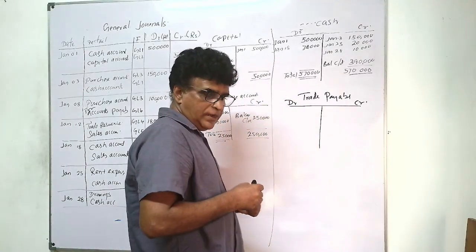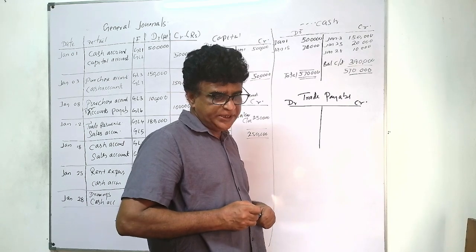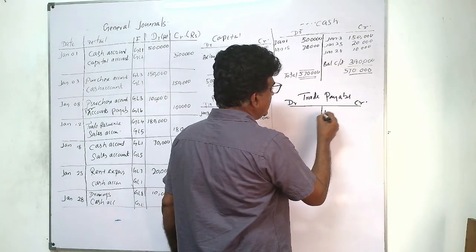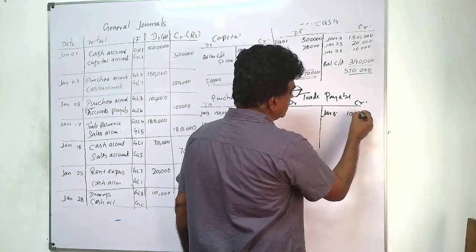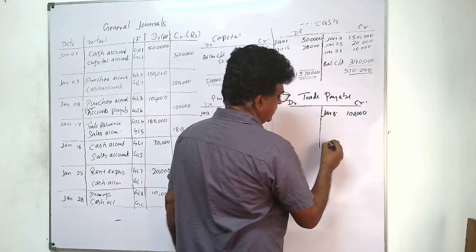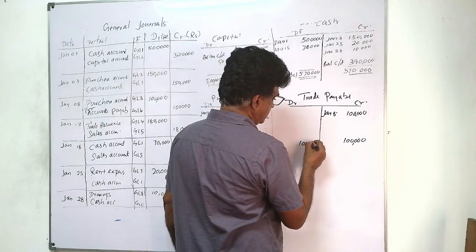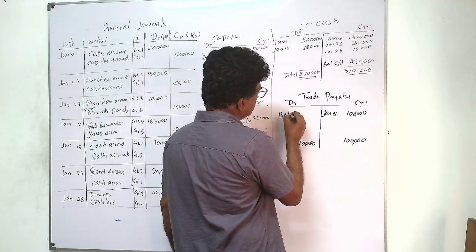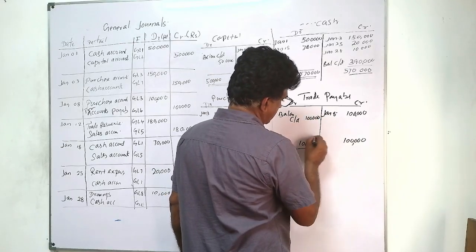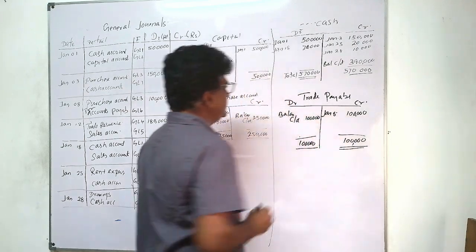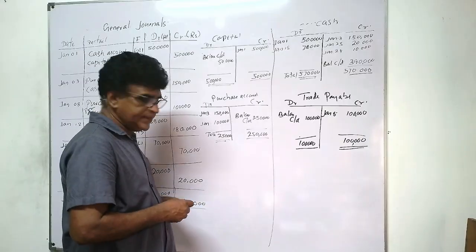In the trade payable account, there is only one transaction, that is on January 8th, there is a cash purchase worth 100,000. The total is 100,000. This is the balance of this account, trade payable balance.